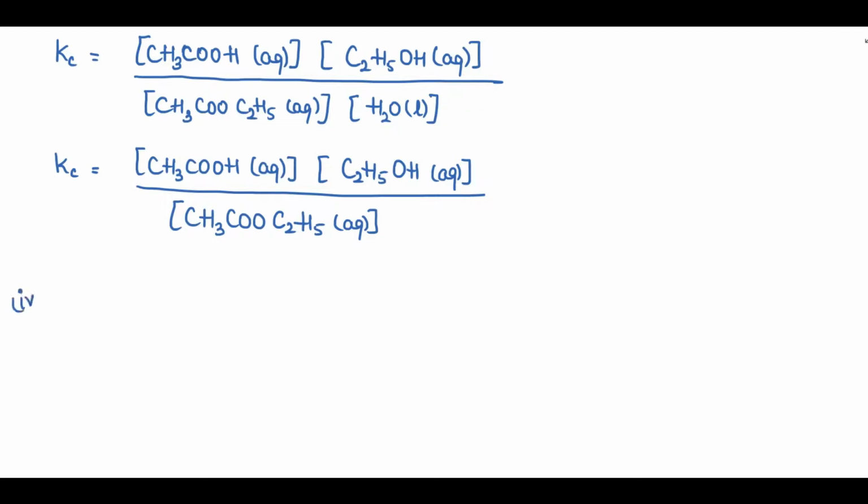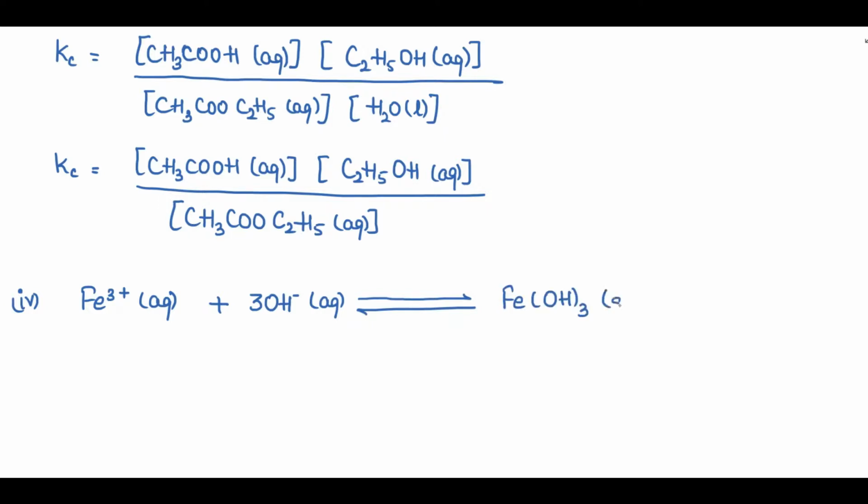So the fourth one is Fe3+ aqueous plus 3OH- aqueous gives rise to Fe(OH)3 solid. Now it is ferric hydroxide. I know that ferric hydroxide is in solid state. That means concentration of a pure compound, that means a solid compound, is always considered as 1, right? So I can ignore this. But first of all, I'll write the complete expression.